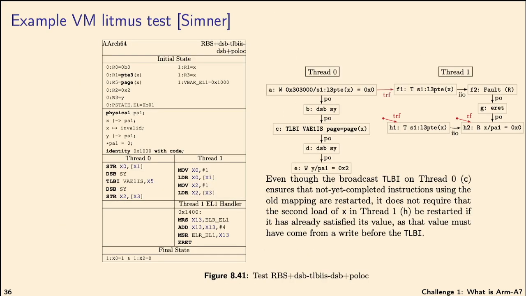I don't want to talk about this very much, but just to give you some very vague flavor, this is one of Ben's relaxed virtual memory litmus tests that just illustrates a particular semantic design question that you have to think about. I'm not going to even read this out, but it's a test.